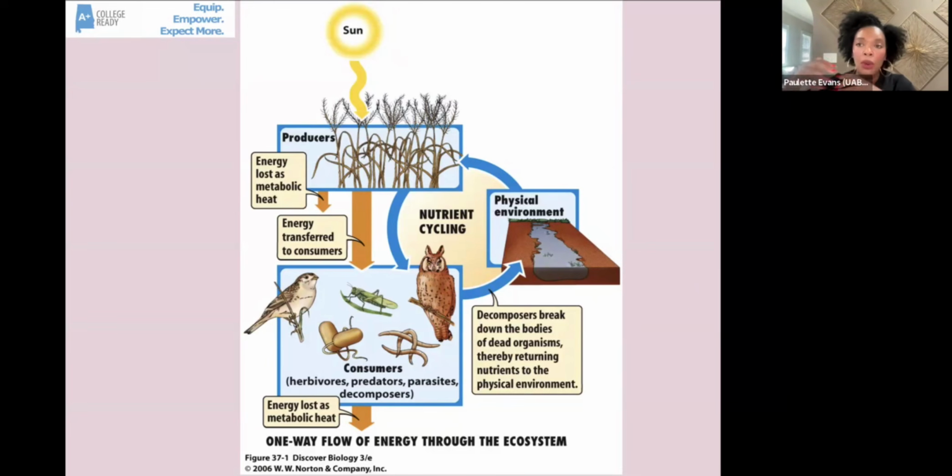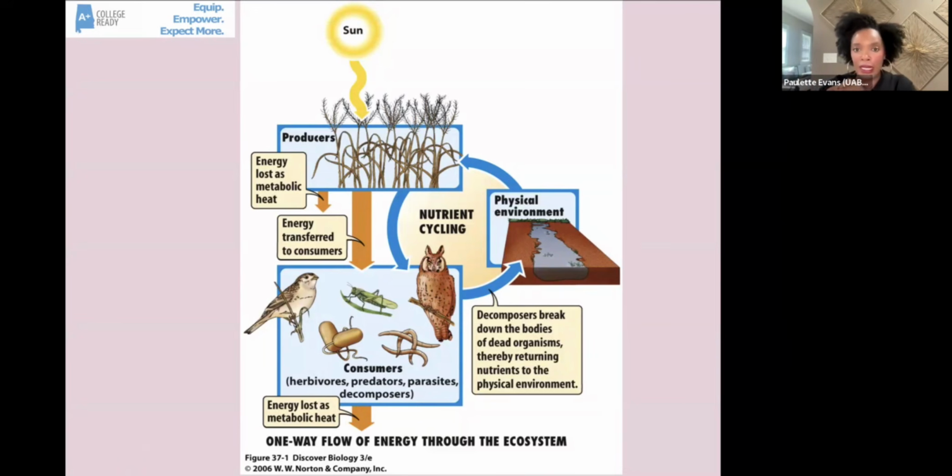Just know there'll be more energy lost as heat in those stages as well. But what's important to recognize here is that energy flows through the ecosystem, where a majority of the energy is lost as heat. Every time we do these fancy chemical reactions, we're going to lose a lot of energy to the universe, or to the atmosphere, as heat. Okay, so that's the first thing.